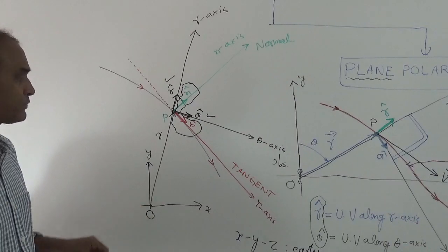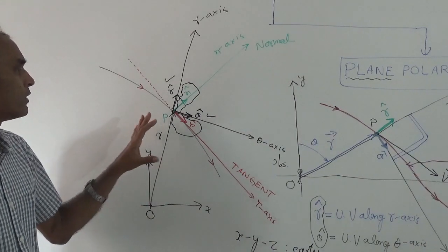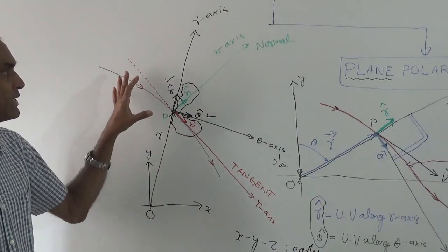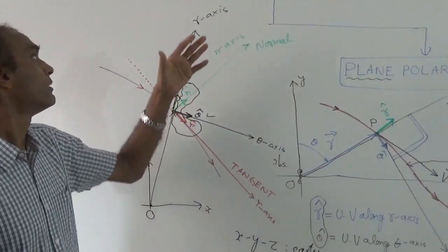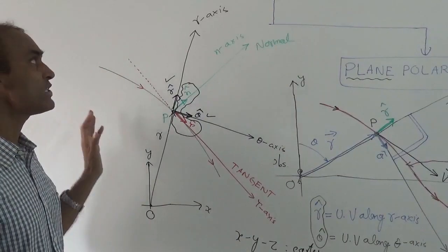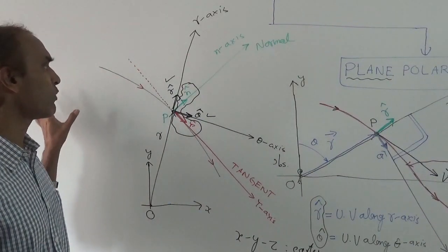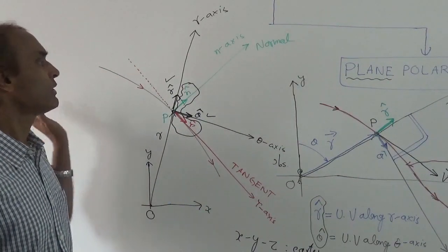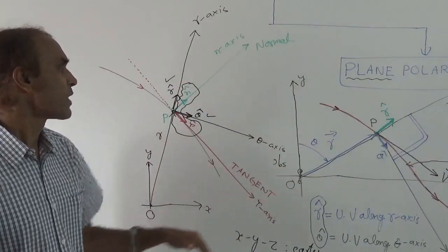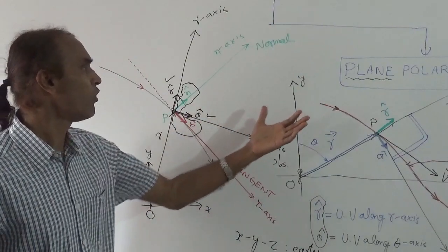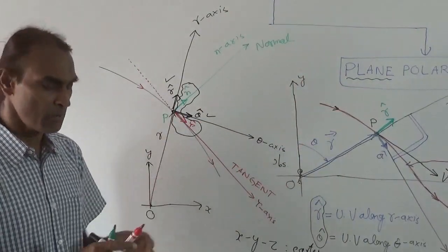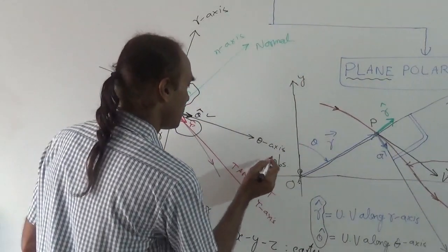Of course, those who are not very interested in this plane polar coordinate system can read only the Cartesian coordinate system and its unit vectors, and be satisfied. Then when you are more matured in physics, you should go for the plane polar coordinate system to solve the harder problems.